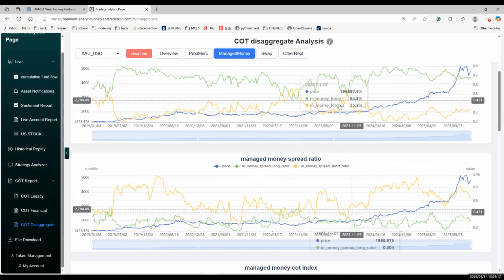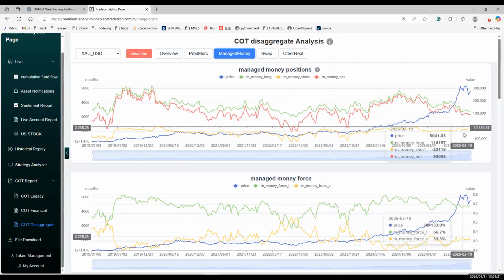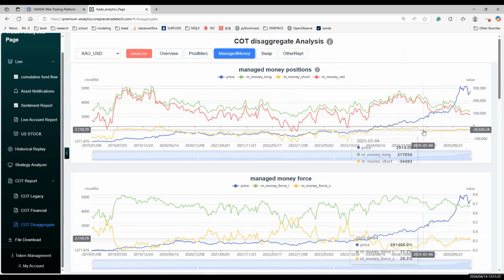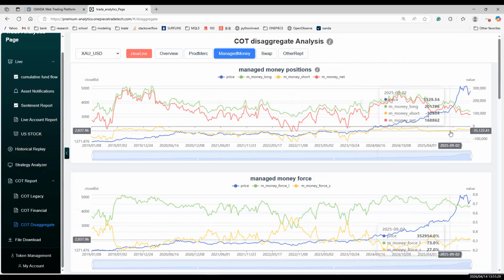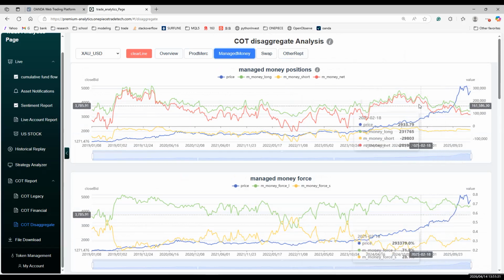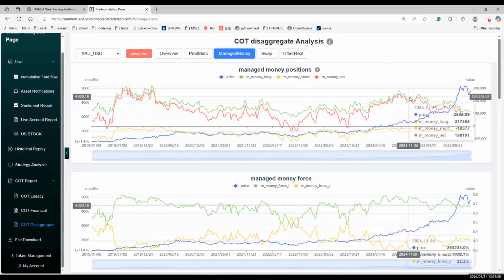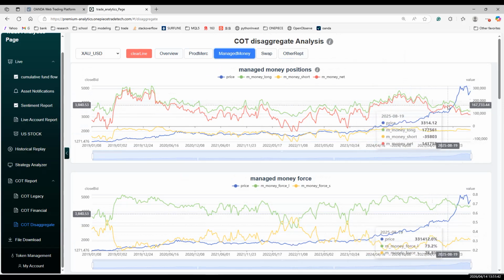The managed money. Here we see their positions. In the bull market, there is really nothing going on the short side, but on the long side, the managed money are actively buying or selling long contracts in gold.